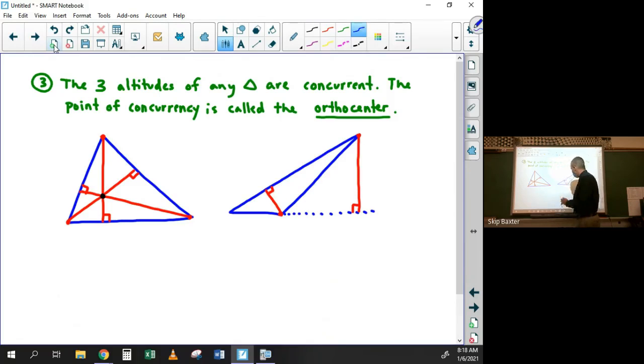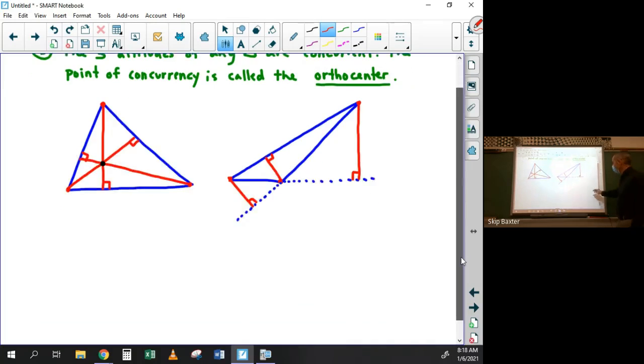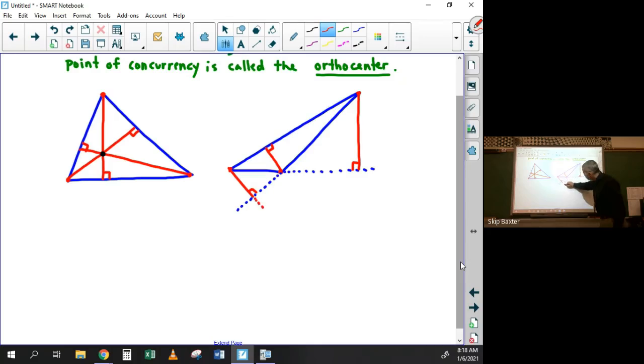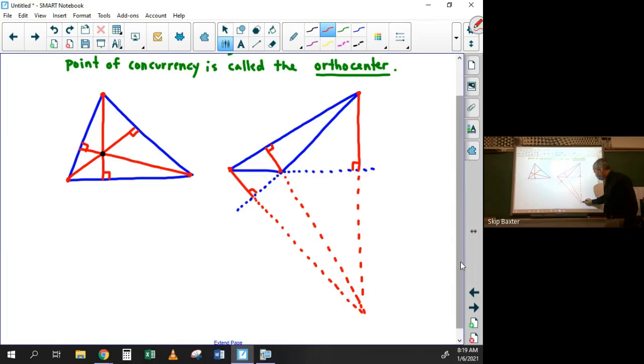But if I draw the altitude from this vertex, I'd have to extend this side, so it would be like from here to there. And you might be like, they don't intersect at all. But if you extend them, they will. You can kind of see where this is going. This is going to be extended out this way, this is also going to be extended out that way, and this is going to be extended down this way. And they will all intersect in the same point eventually, if you draw them out. So there's the orthocenter of that obtuse triangle.